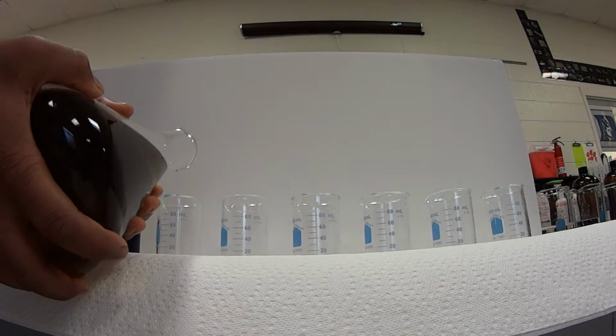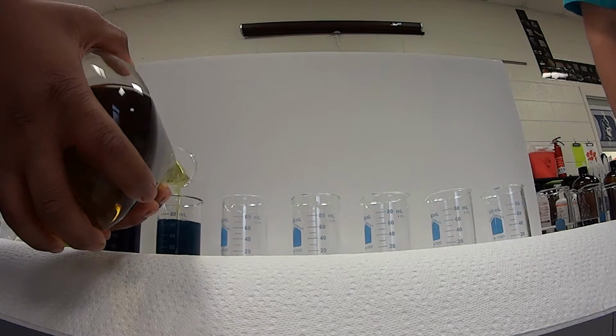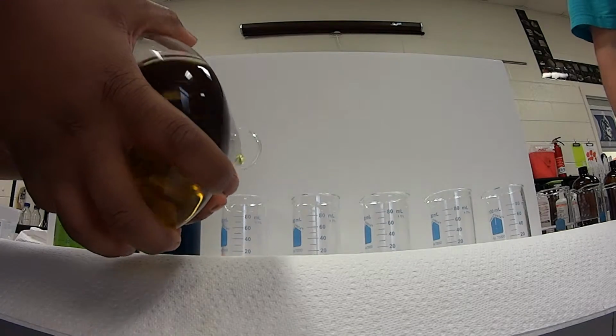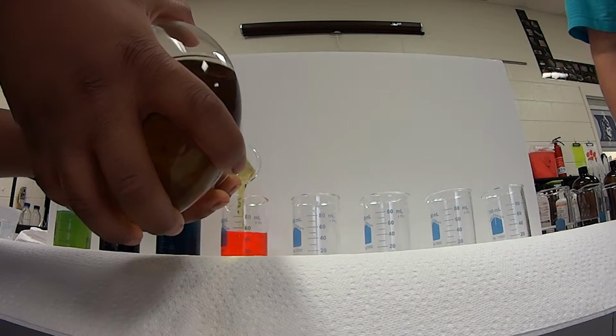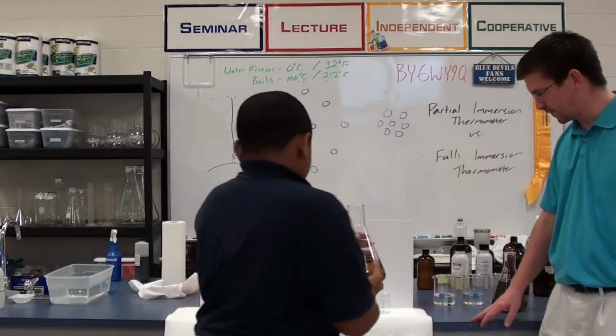So what do you notice right away? It's changing color. Yeah, it's changing colors, and each one's a little bit different, right? Yes. Okay, you can come around to this side if you need to get to it.